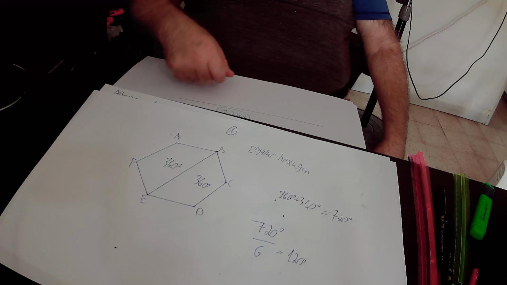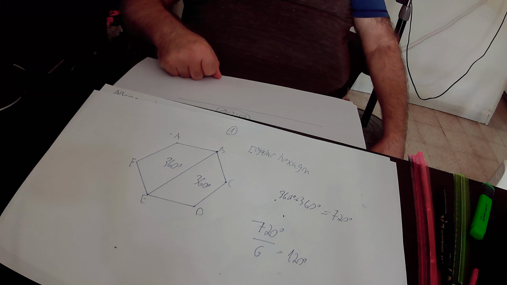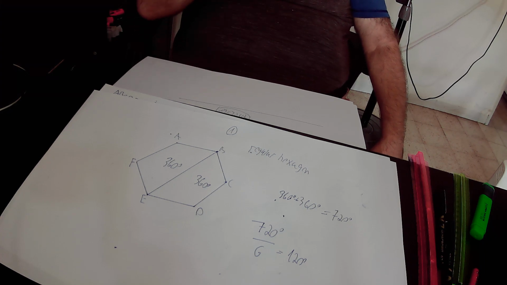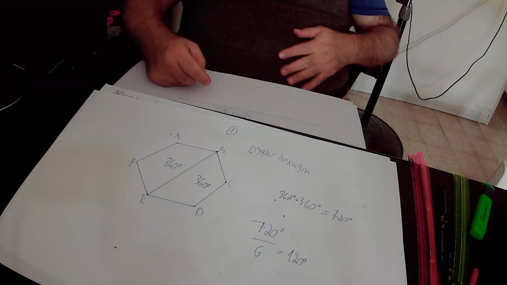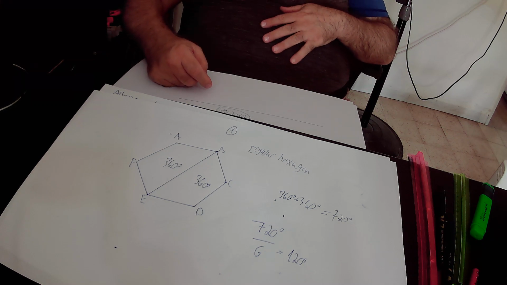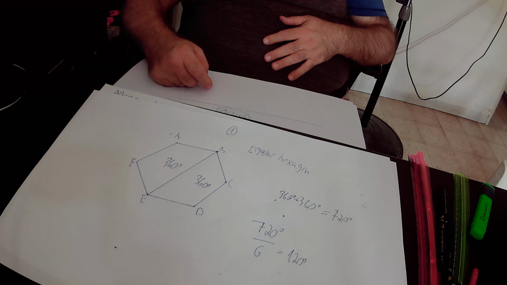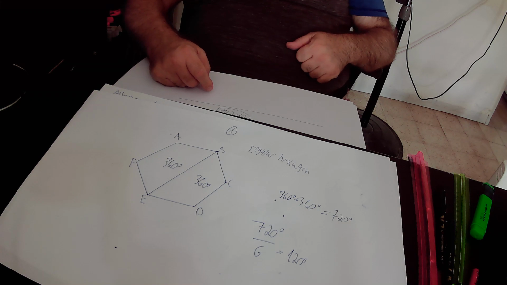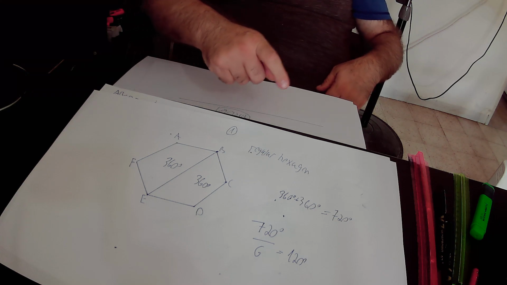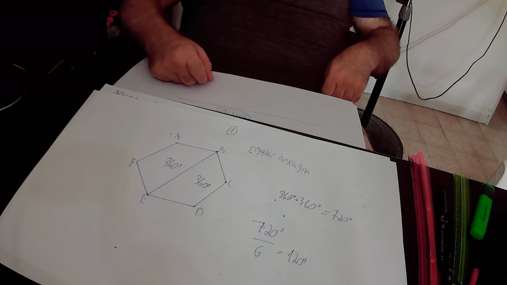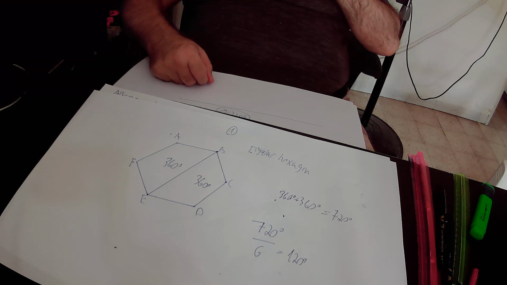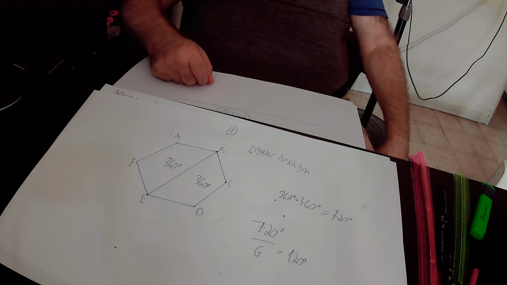So the sum of the angles in this regular hexagon is 720 degrees over the number of angles, which is 6. So it is 720 degrees over 6, which is 120 degrees. So we found out that the size of each angle in our hexagon is 120 degrees.